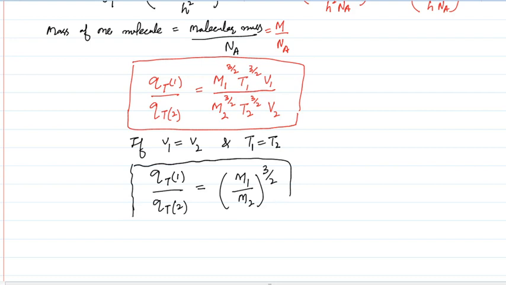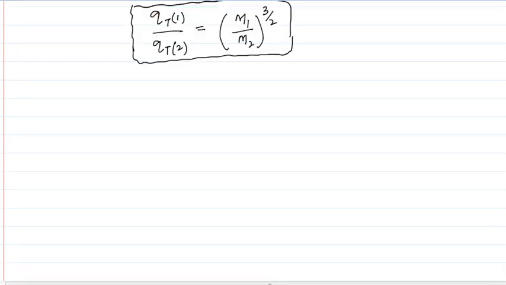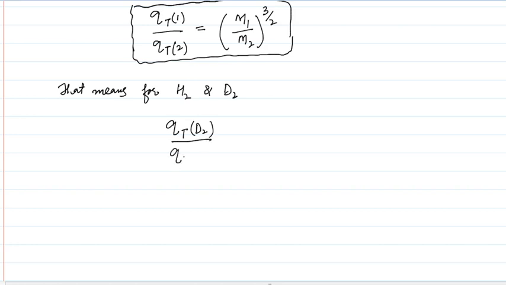If you want to solve some problems, you will have to use this simple relation. For example, we have done it for hydrogen and deuterium. For hydrogen molecule and deuterium molecule, we can simply write the translational partition function of deuterium upon translational partition function of hydrogen.